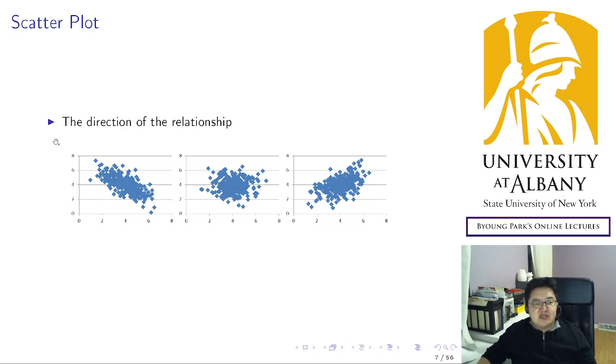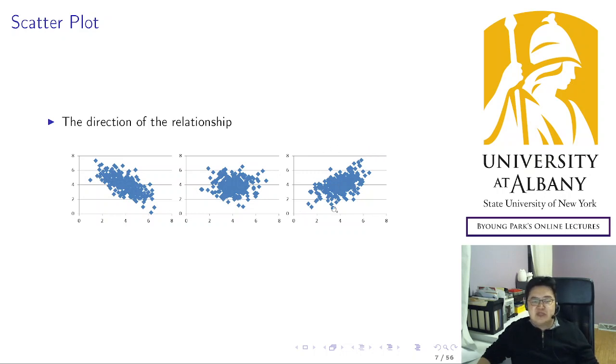If you see a clearly downward sloping trend, this means that as x, the horizontal axis, increases, y decreases as you go to the right, so the trend goes down. On the other hand, in the right figure, as you go to the right, the trend goes up. This is upward sloping.